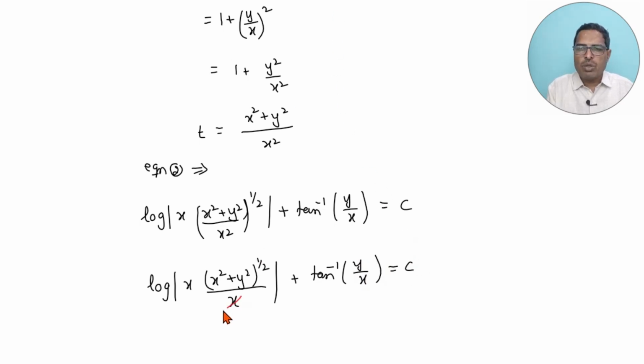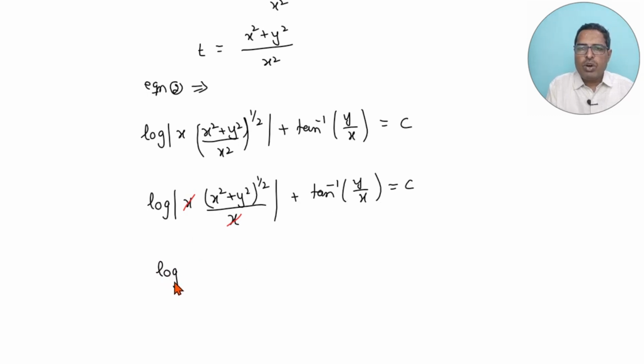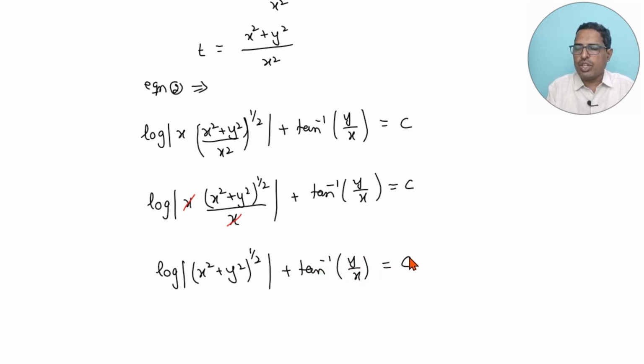Further, can I cancel out this x and x over here? Then we will be left with log of mod x square plus y square to the power of half plus tan inverse of y by x is equals to c.